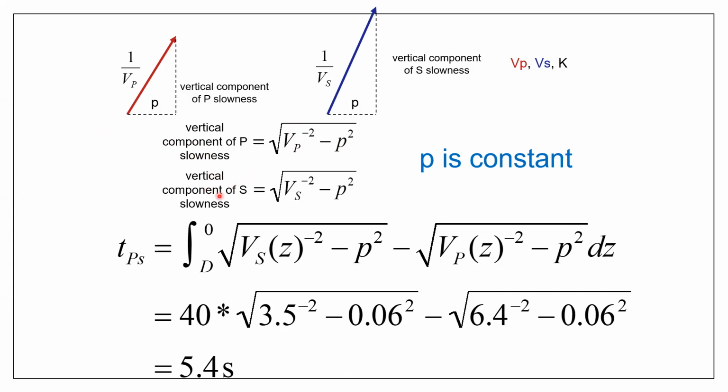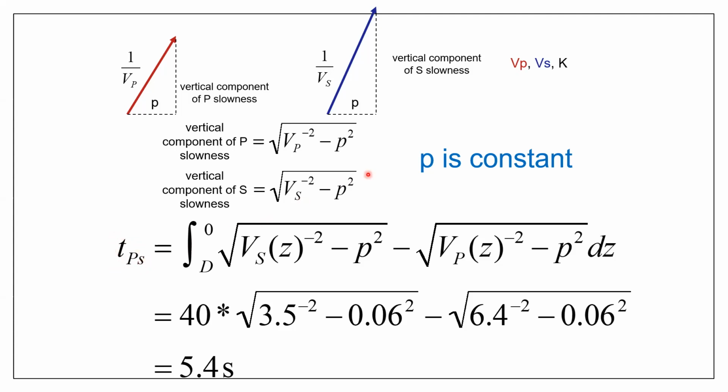The vertical component of the S slowness is under root of 1 by Vs square minus p square. If you multiply this parameter with the thickness of the layer, it will give you the travel time of the P wave. And if you multiply this value with the thickness, it will give you the travel time of the S wave. So in case of P2S converted phases, this is the travel time of the P2S converted phase.